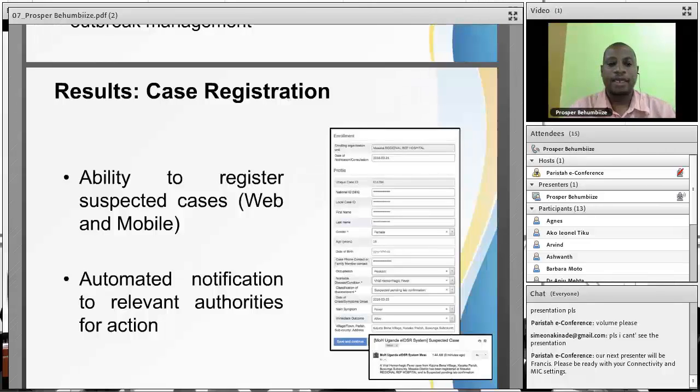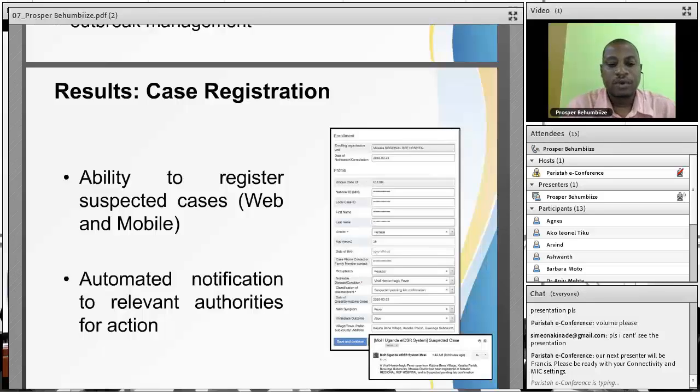We were able to demonstrate that timely notification through email and SMS to the relevant people was enough to kickstart the response. After we registered the first case, we notified the relevant teams, and they were able to get back to us. This is automated.